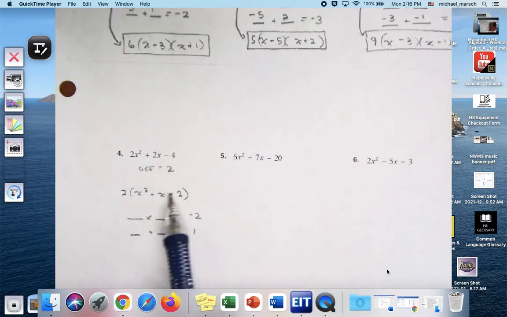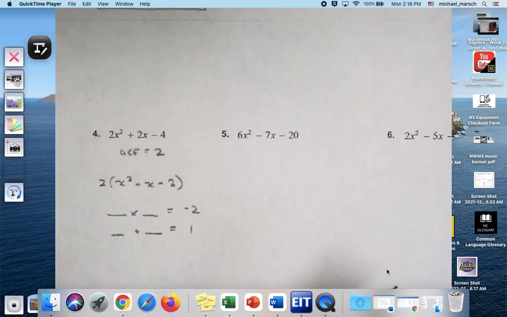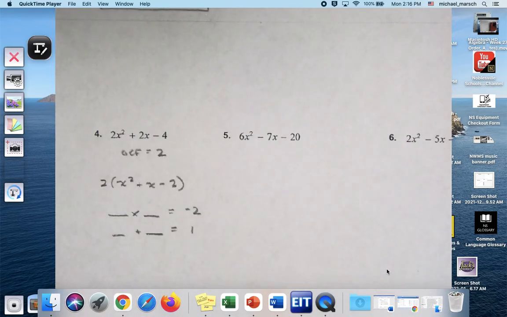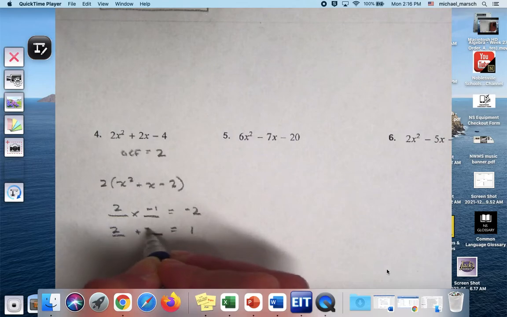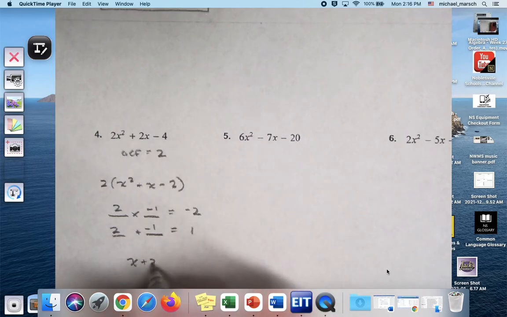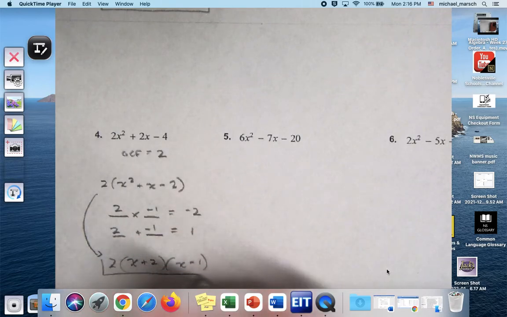Right, because there's that secret 1 hiding. So what's my answer going to be? 2 and negative 1. Yes. X plus 2 times x minus 1. Bring down that 2 that I factored out.